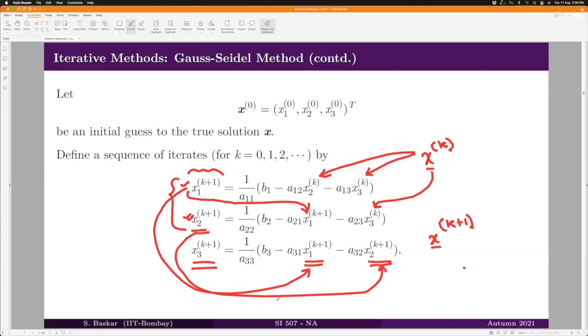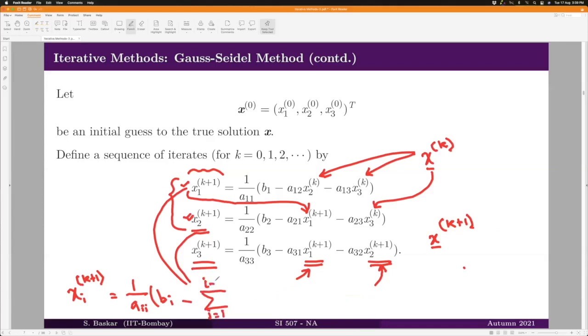Okay, see, in the general case what we are doing, when you are writing x_i of k plus 1, it will be 1 by a_ii times b_i minus, now you have two parts of the remaining summation. One is ranging from, say, j is equal to 1 to i minus 1.